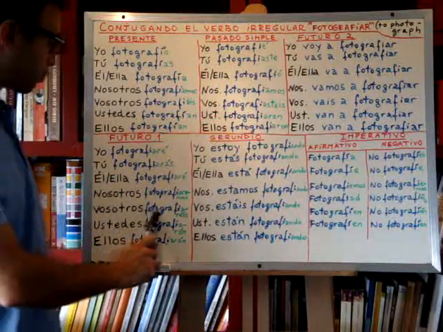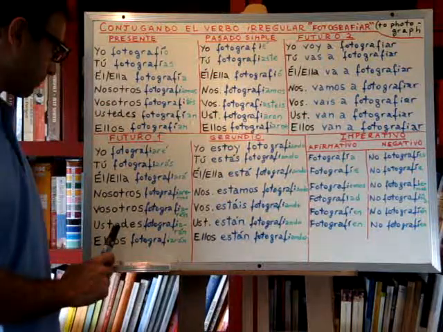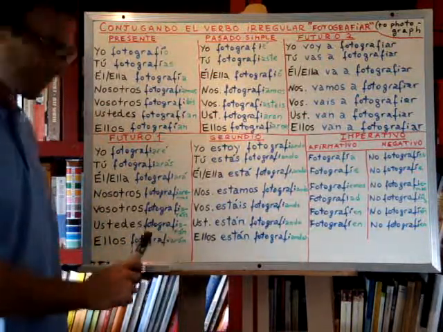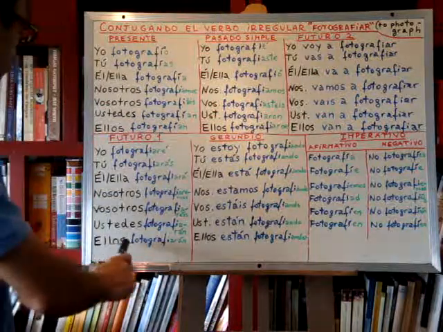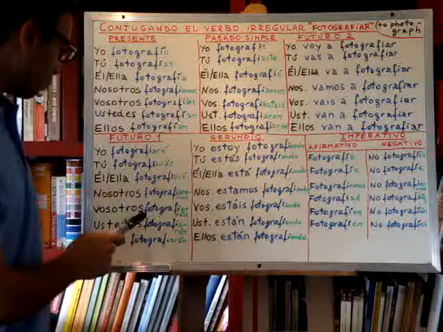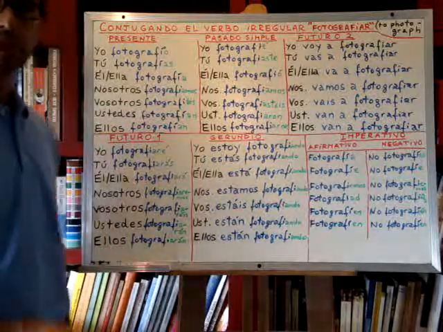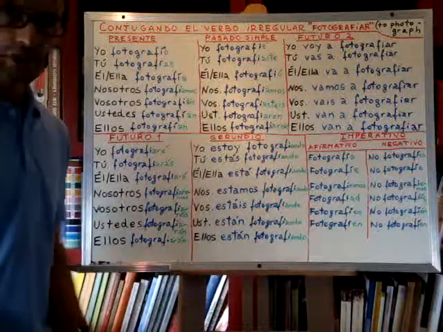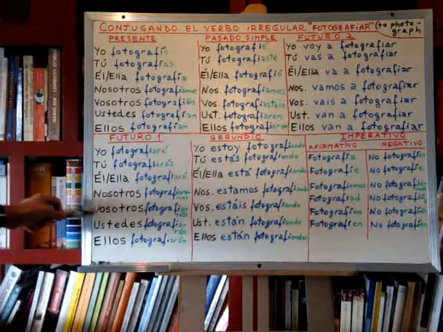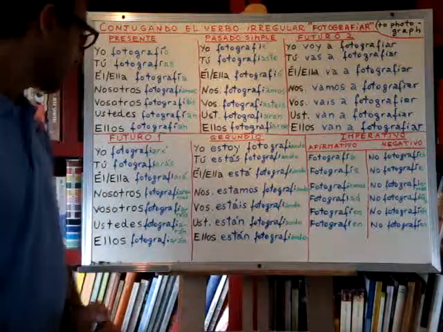Vosotros fotografiaréis. Ustedes fotografiarán. And ellos fotografiarán. As usual, ustedes and ellos, they conjugate exactly the same, right? However, ustedes means the same thing as vosotros, okay?